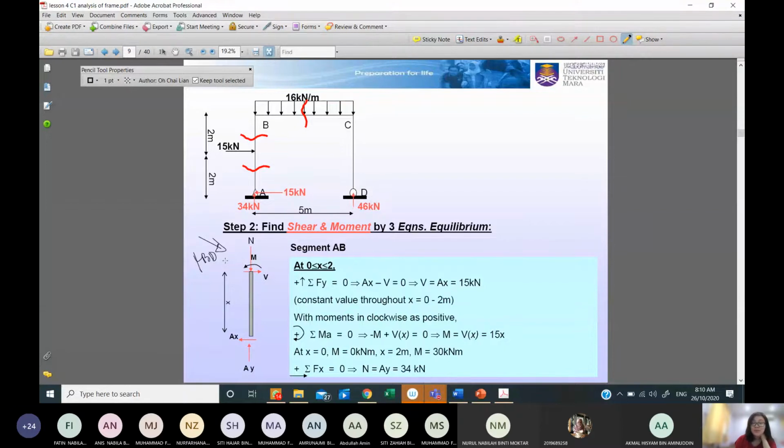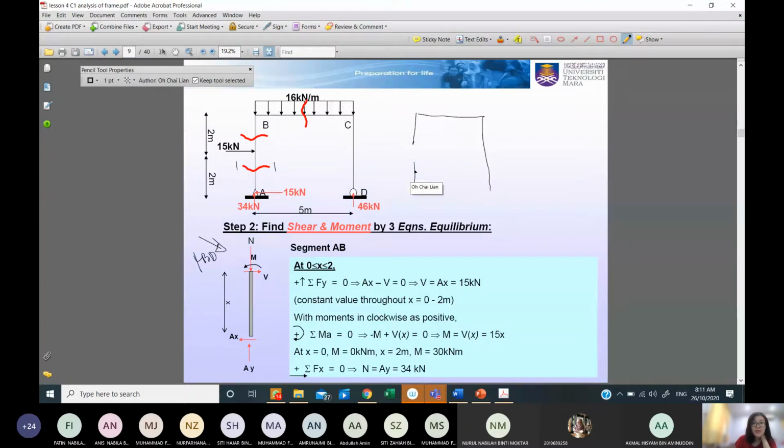When we want to draw our free body diagram, we need to decide where to analyze our section. If you still remember, when we cut a section, we cut a structure using the method of section. This structure will be cut into two parts. For example, if I'm looking at section 1-1, when I cut this frame at section 1-1, it becomes either this part or the other part like this.